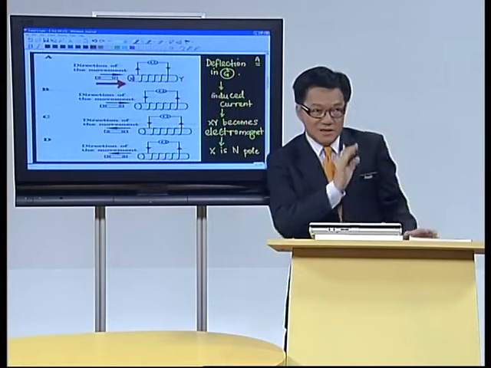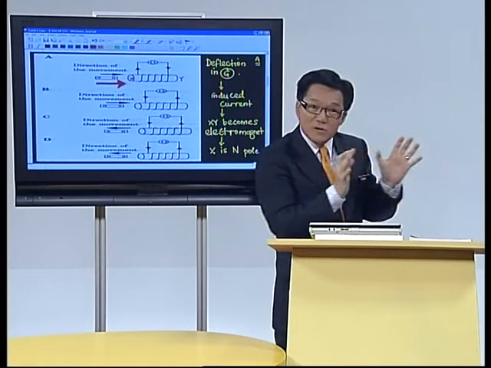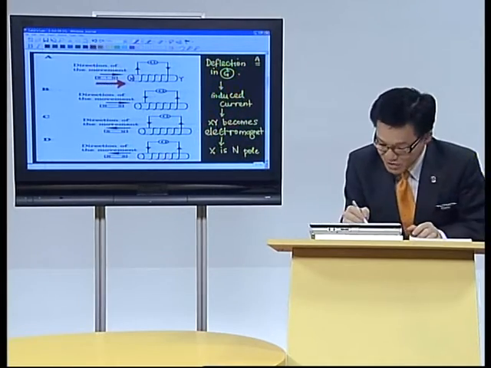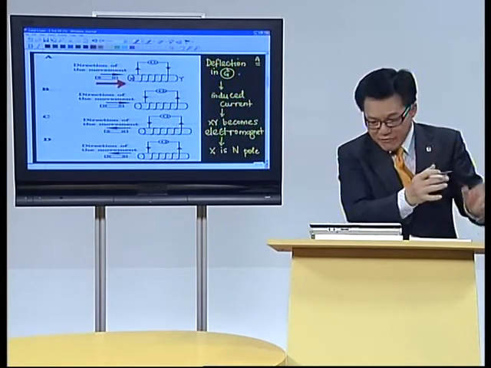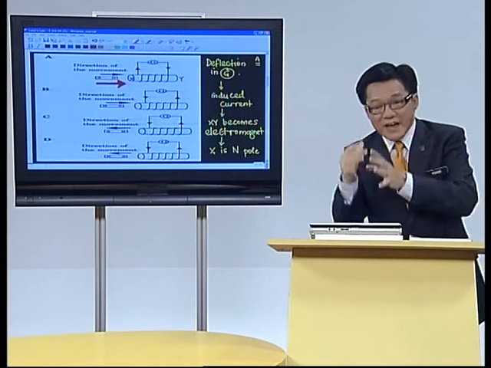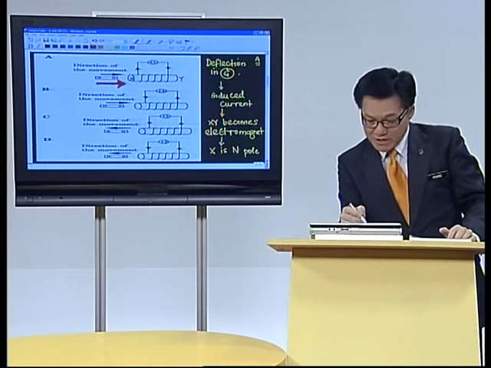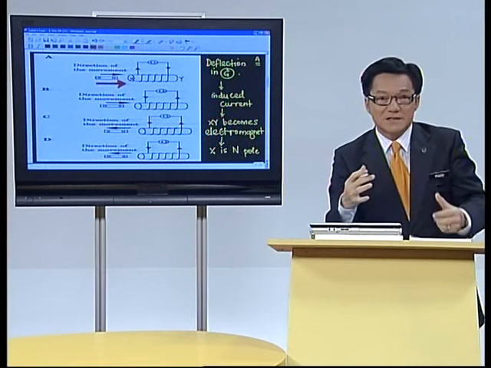X is saying, hey, it opposes. In other words, it is as if it does not want the magnet to go in. There is an opposing force. And for that to happen, X must be the north pole, because north and north, there is an opposing force. It repels each other.